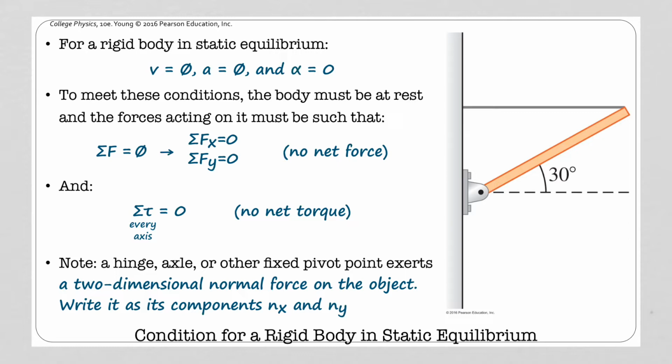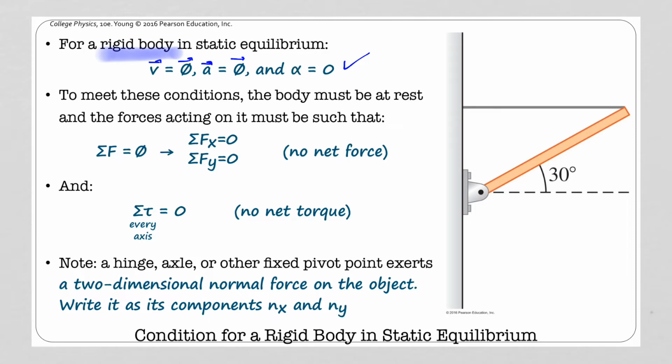So to extend what we have seen before for equilibrium, for a rigid body that's in static equilibrium, we can say that the velocity should be zero, the acceleration should be zero, just as we've seen before, but now that it's a rigid body, we have this added requirement that the angular acceleration must also be zero, so that the object is not moving and also not rotating.